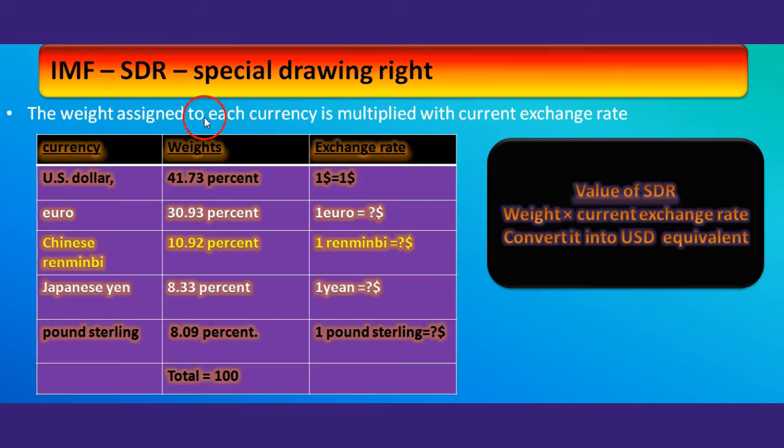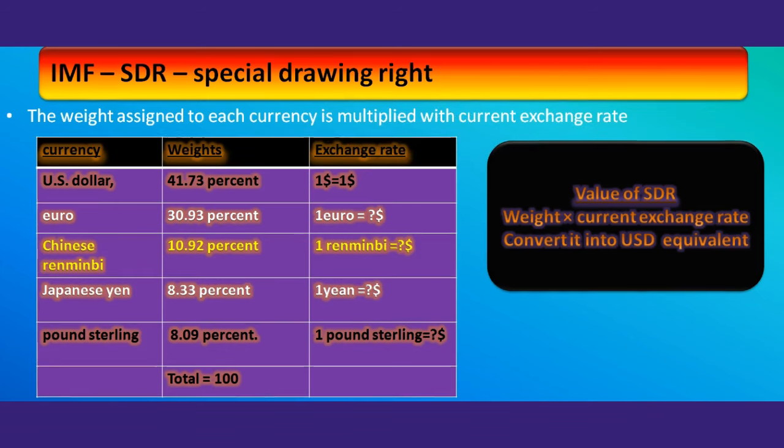The weight assigned to each currency in the SDR basket is multiplied by the current exchange rate. The highest percentage is assigned to the US dollar, 41.73%, euro 30.93%, Chinese renminbi, which is included recently, 10.92%, Japanese yen 8.33%, pound sterling 8.09%, and total 100.